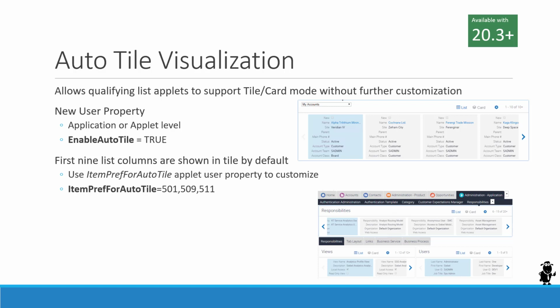The default visualization is a tile for each individual record with 9 fields, which are the first 9 columns in the applet web template. By setting the web template item placeholder numbers in another user property, configurators can control which fields are displayed in the tile.